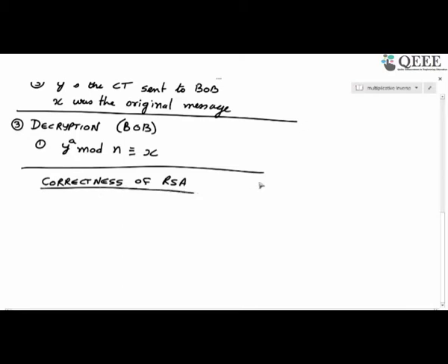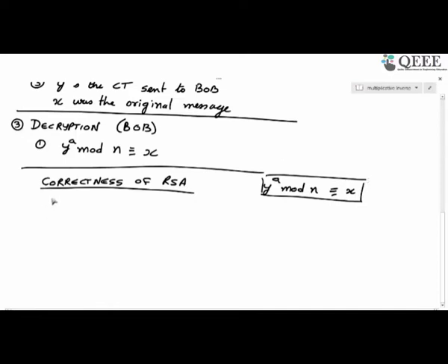What we want to prove is that if you take y and raise it to the power of A mod n, we should actually get the original message which was sent, X. So let us see if this is in fact true.